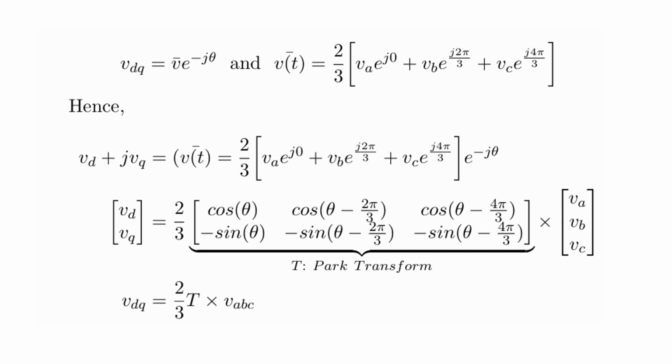One is C, which converts ABC frame to space phasor frame, and the matrix R, which is used to convert alpha beta frame to DQ frame. This is the matrix T, which is used to convert ABC frame directly to DQ frame.